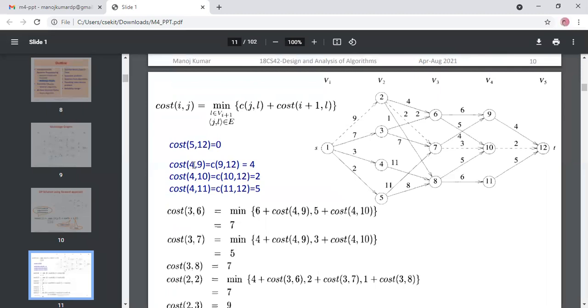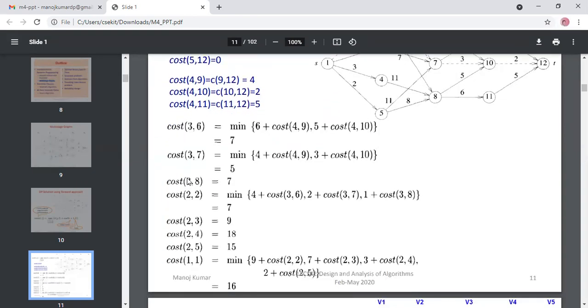That is equal to the cost of 4 to 12, so you will be getting it from 4 comma 12. You can take it as 4 to 9 and 9 to 12, so that is equal to 4.